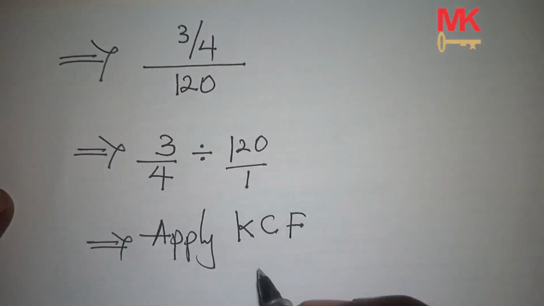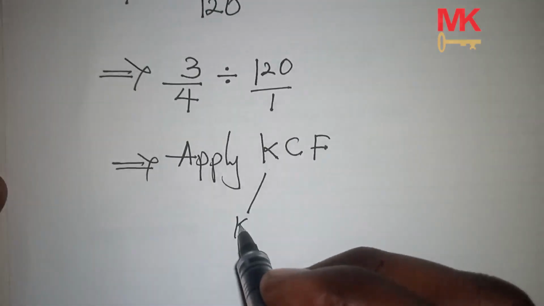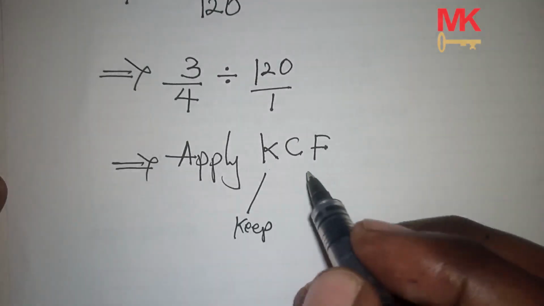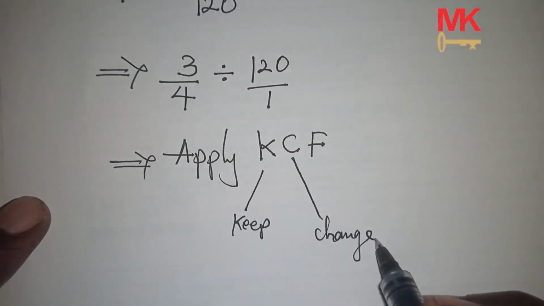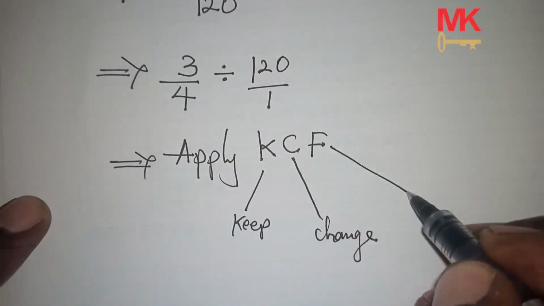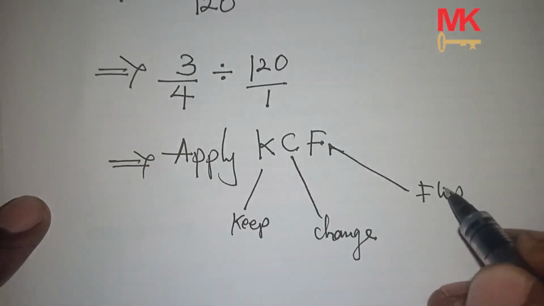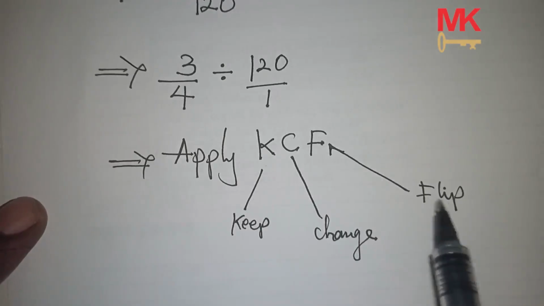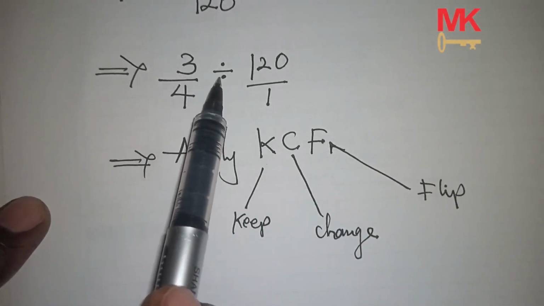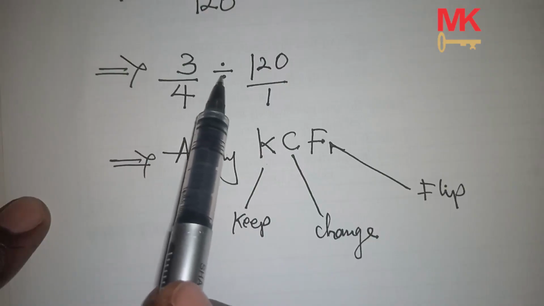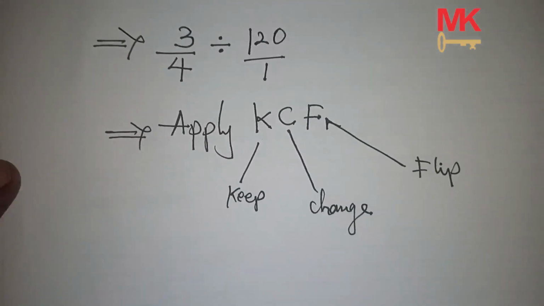That's, you keep the first fraction, you change the division operation, and then we flip the fraction to the right side of the operation. What it means, we'll keep this, we'll change this division operation to multiplication, and then we'll flip this.